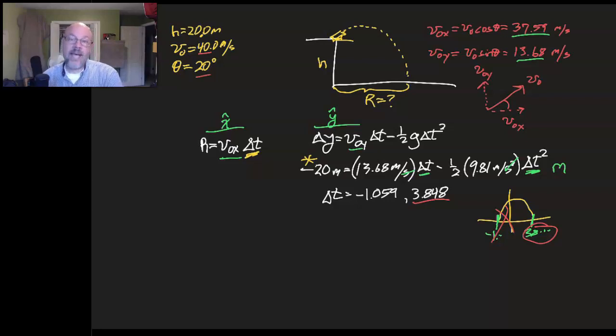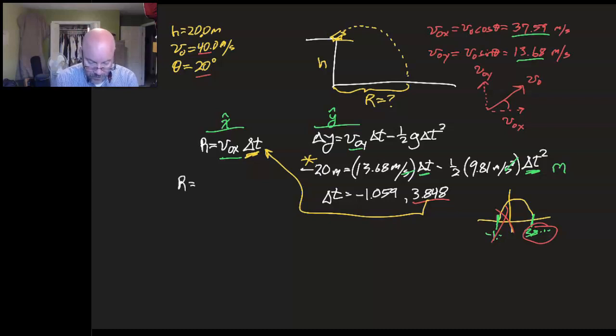All right. Now, once we have that time, we can take it and we're going to plug it back over here. Alrighty, so V naught, X is 3759 meters per second. And we got our time, which is 3.848 seconds. All right, take a quick look at our units. Our seconds here cancels our seconds there, so we're left with meters. So that's nice.